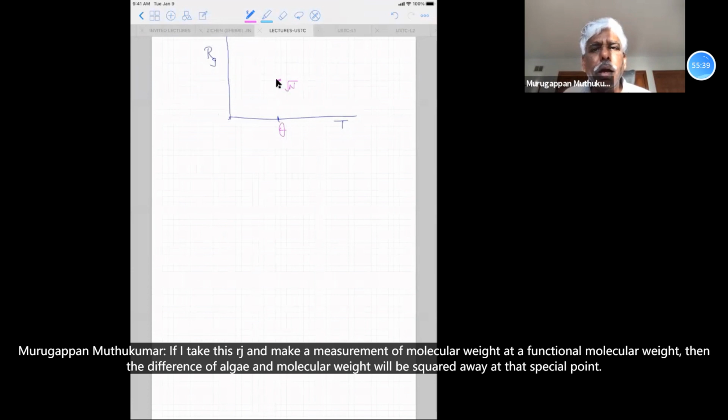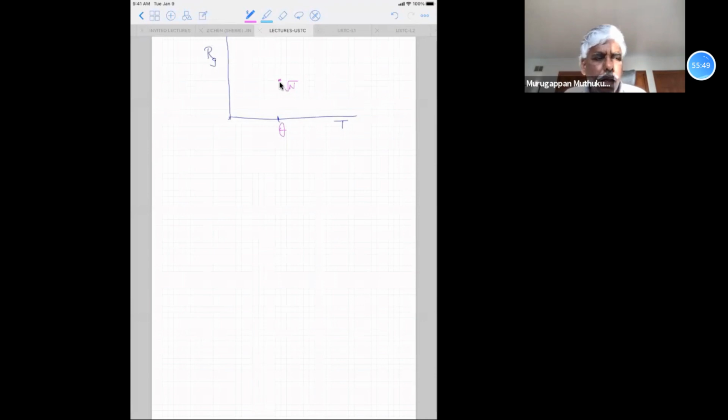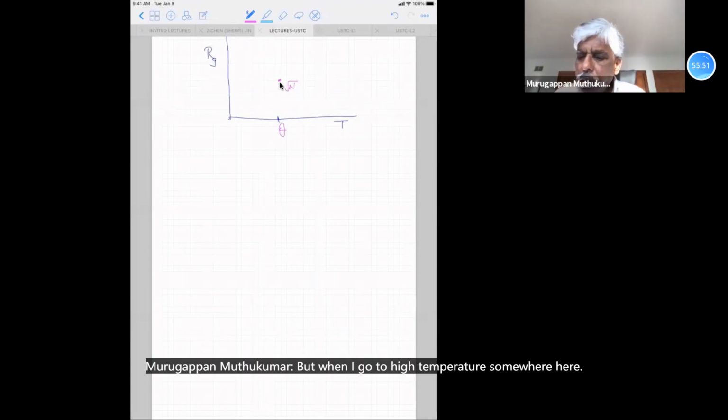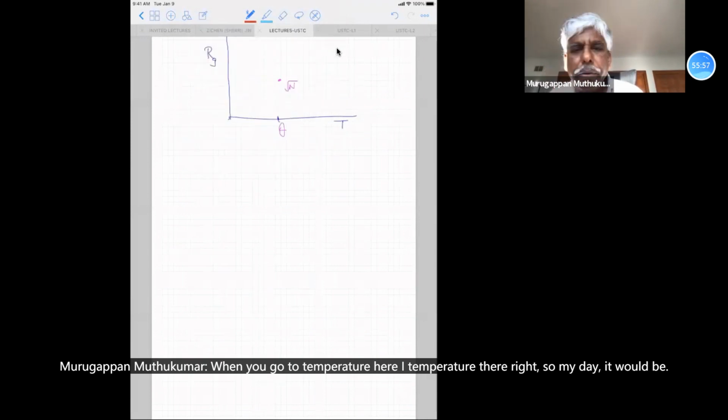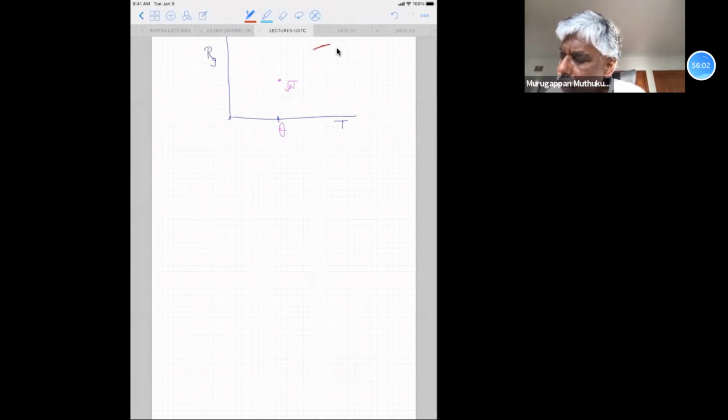If I make a measurement of Rg as a function of molecular weight, then the dependence of Rg on molecular weight will be square root of n at that special point. But when I go to high temperature, somewhere there, it would be n to the 3 over 5.